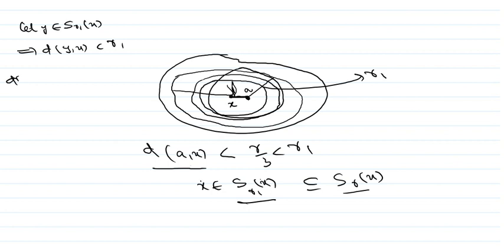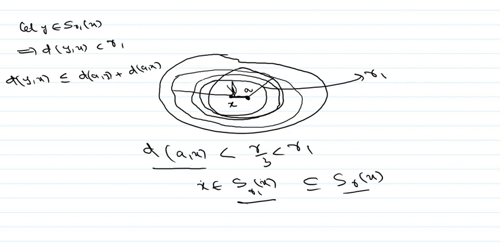So we have one more point, a, which we have to use. This is less than or equal to the distance between x and a plus the distance between a and y, okay. So y is in S_r1(a).